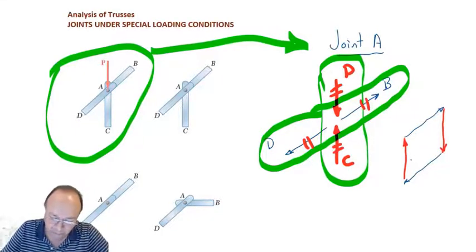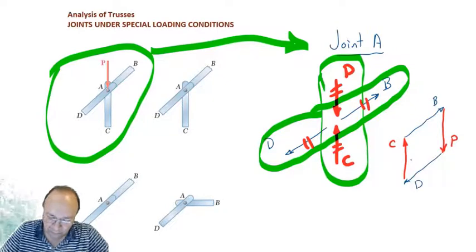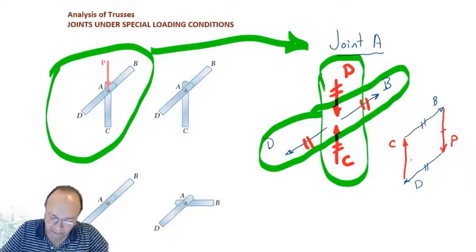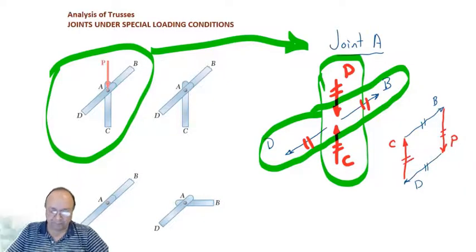So let's put the names. This is P, this is C, this is B, this is D. So B has to be equal to D, and P has to be equal to C.